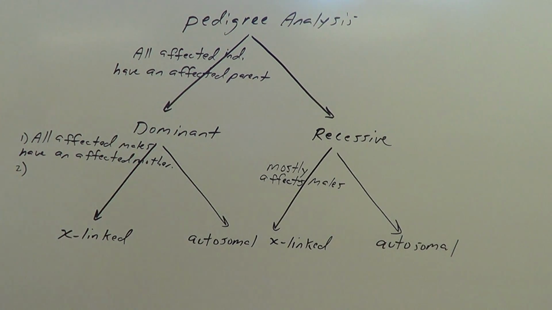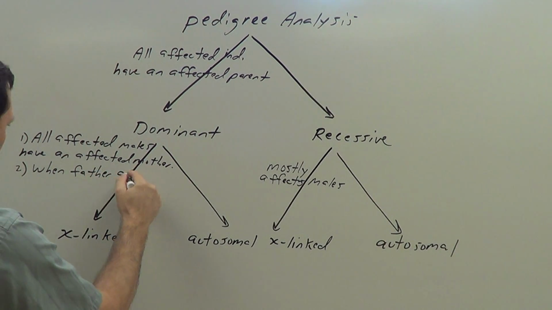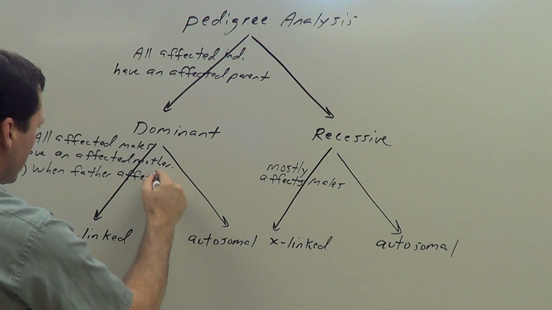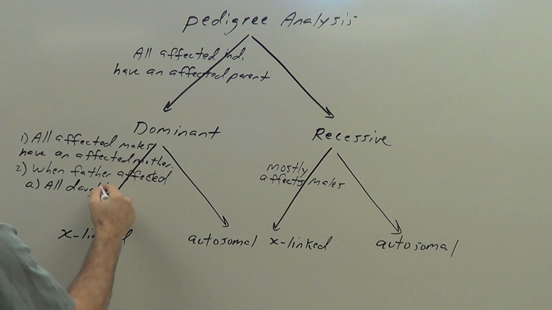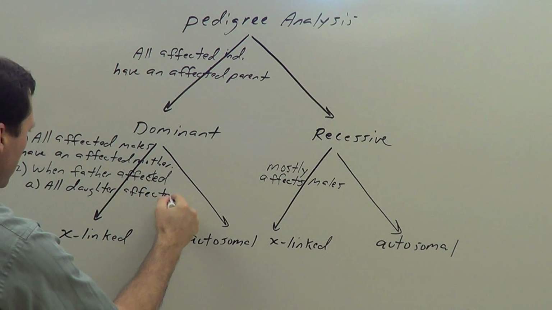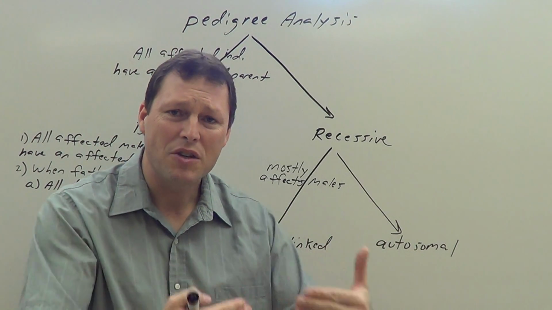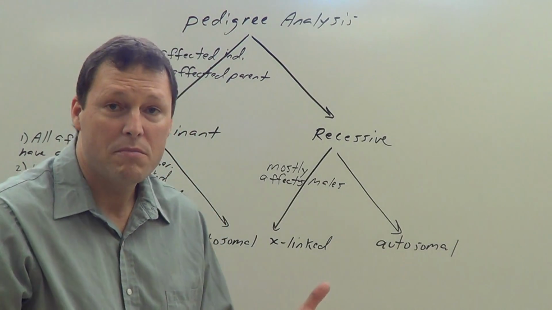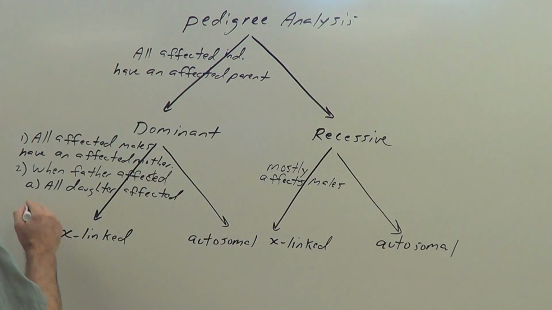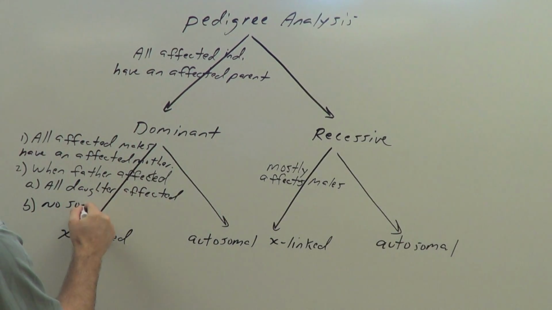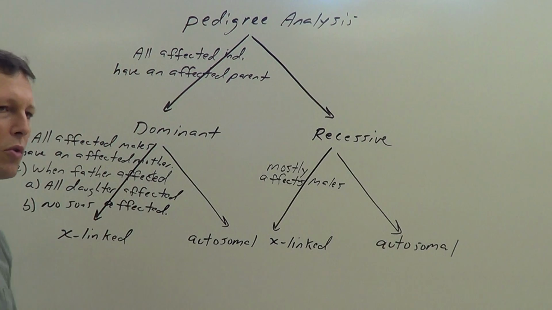Now, what's the second one? When the father is affected, all his daughters are going to be affected. Because dad, if he's got a bad X chromosome, when he has a daughter, he gives that daughter his bad X chromosome, because he only has one X chromosome to give. So if it's bad, his daughter's going to get it. And B, no sons affected. The reason that no sons are affected is because we're talking about the X chromosome here.